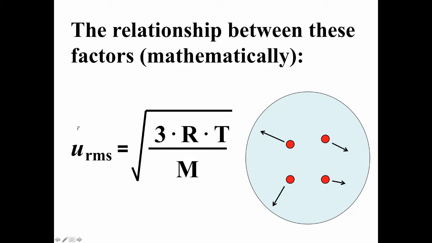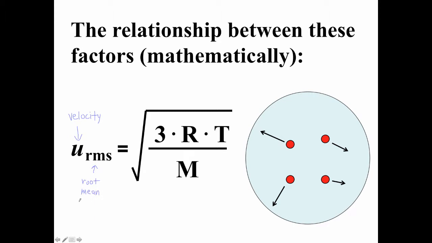And in this equation, U stands for speed or velocity. We sometimes use U instead of V as the symbol for speed or velocity. So this is the average speed of the molecules. And it's a particular kind of average speed that you may or may not have heard about before.